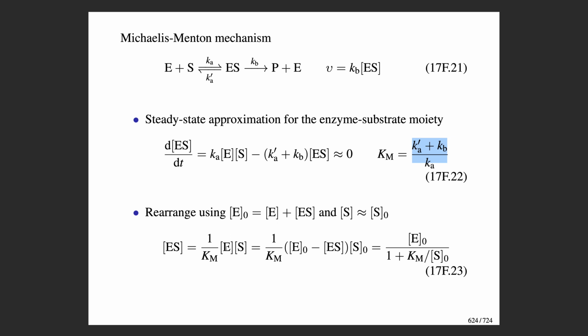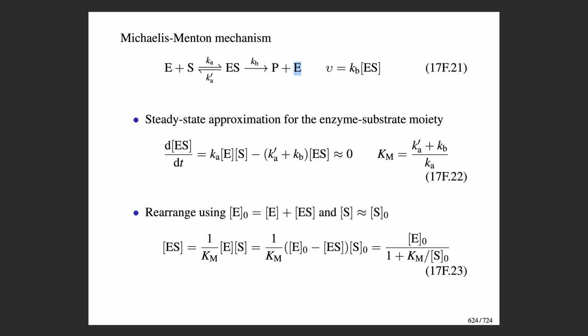Now we'll do a little trick here, noting that the initial enzyme concentration for all time will be equal to the amount of enzyme that we have floating around plus whatever enzyme is occupied with the substrate in the substrate complex. And that's because the enzyme is ultimately recycled, so the concentration of enzyme is never lost. It never turns into something else. It's either floating around on its own or it's tied up with the substrate as a complex.